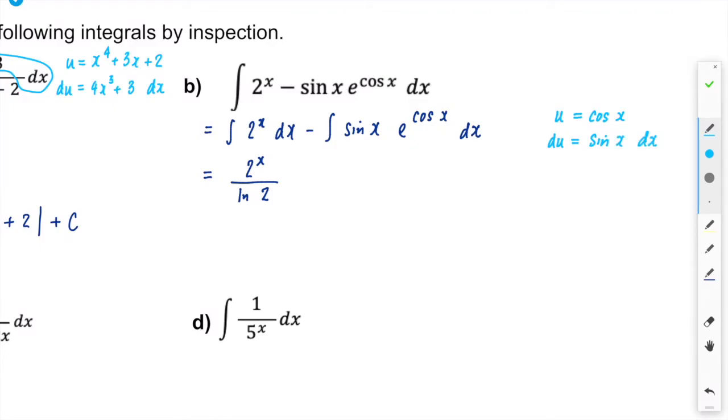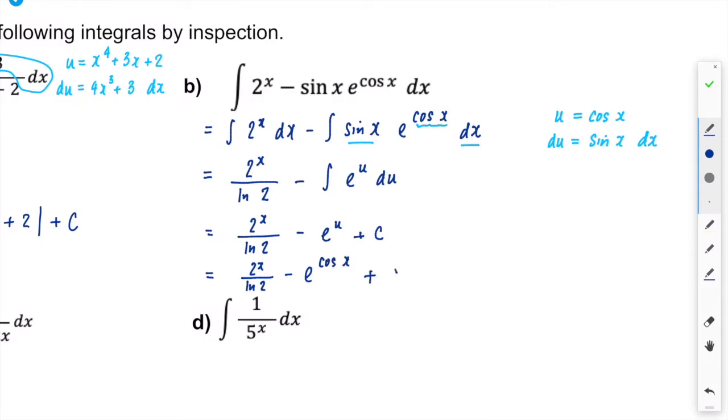That's good, because then I can replace these parts with the substitution. Minus, I'm integrating e to the power of u du, which I know how to do. 2 to the x over ln 2 minus e to the u plus c. And then finally, let's sub back in. For u, we have cosine of x plus c.